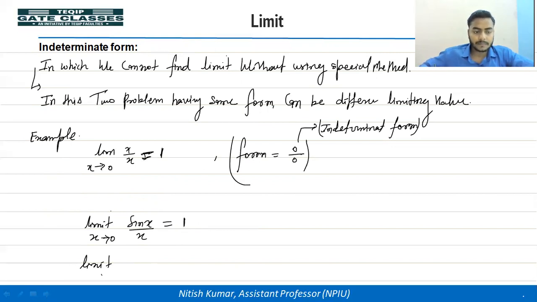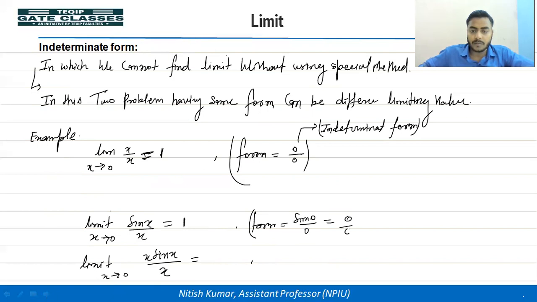Limit of, when x goes to 0, x sin x divided by x. What is the form here? The form is sin 0 and 0.